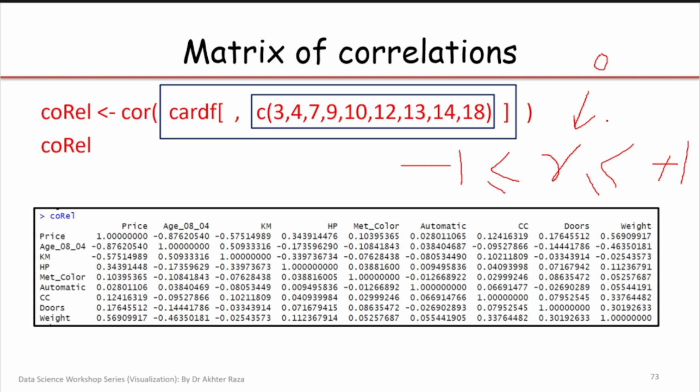The bigger numbers are the significant correlations, and the smaller numbers, which are around zero, are referred to as independent variable or no correlation or zero correlation. These are the terms which will be used for the purpose.